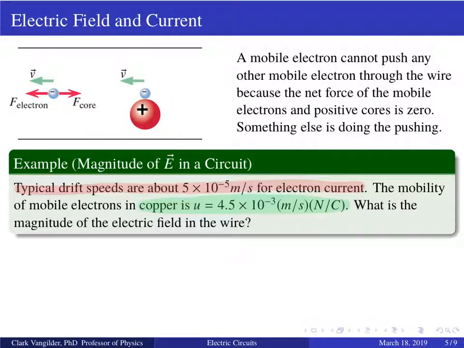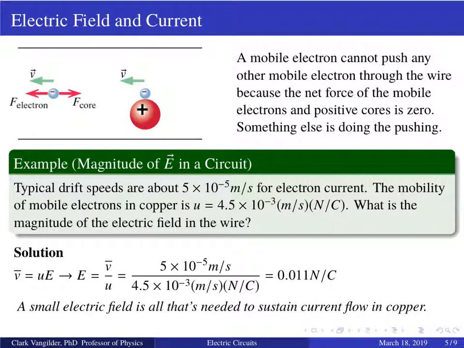And if we give this typical drift speed, what does that give us? Well, apply the equation. Drift speed is the electron mobility times the field, so solve it for the field. And we have this really small electric field: 11 1,000ths of a Newton per Coulomb.